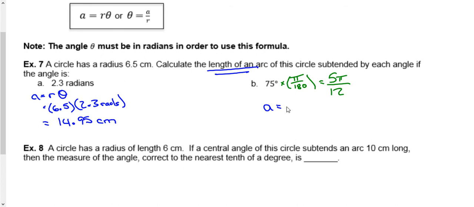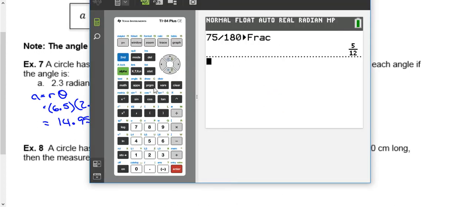So once I have that, I'm going to go right into my equation. A equals r theta. Again, my radius was that 6.5 centimeters, and my angle theta in radians is 5 pi over 12. I'm going to multiply these two together, and what you want to do is type it in on your calculator.